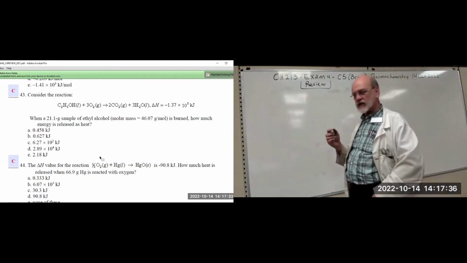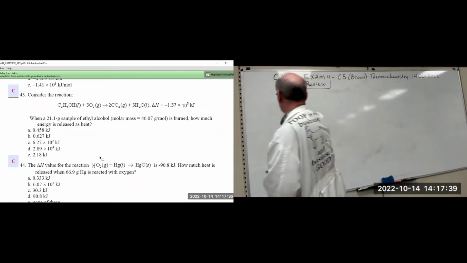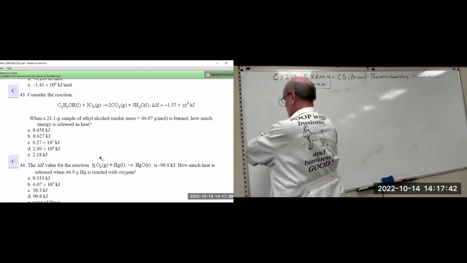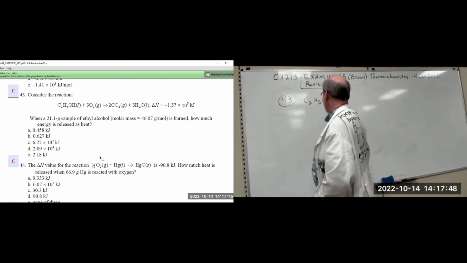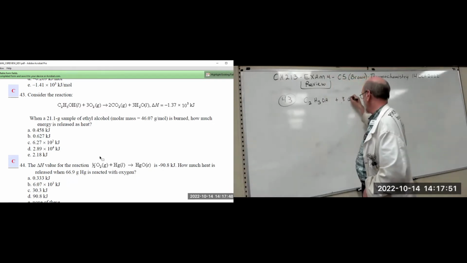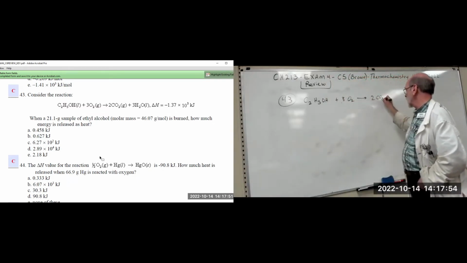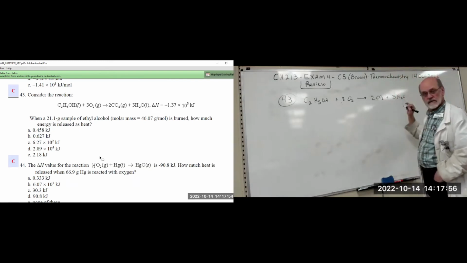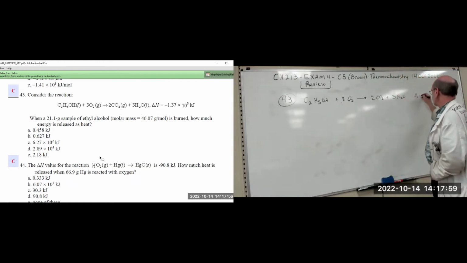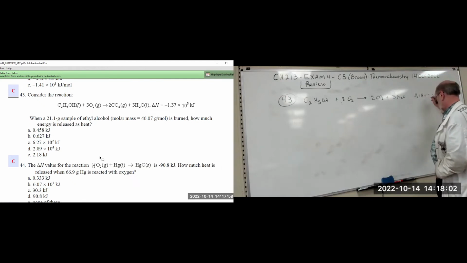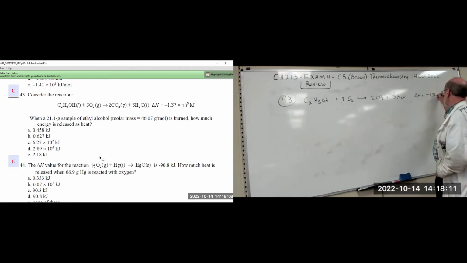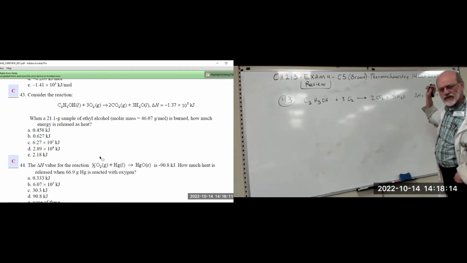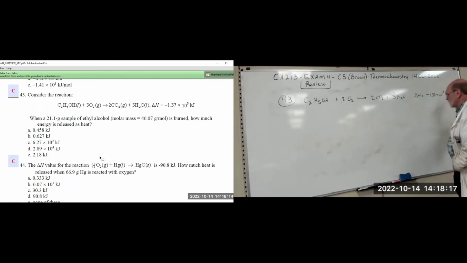So if we have this equation, 43, C2H5OH plus 3 oxygens yields 2 carbon dioxide plus 3 waters, I think. Yeah, and the delta H is equal to minus 1.37 times 10 to the third kilojoules.